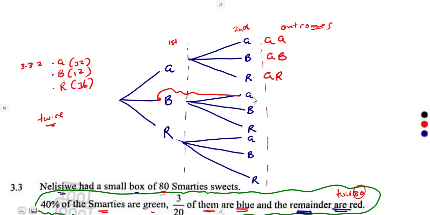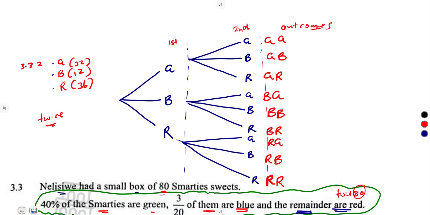It can be blue to green, blue to blue, blue to red. We are done with this one. We move on to the branch of red. It can be red to green, red to blue, red to red. So these are our possible outcomes.